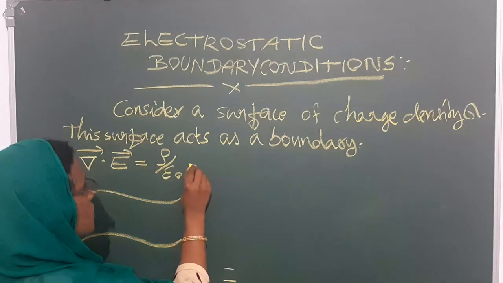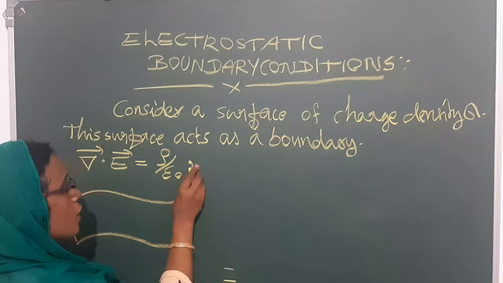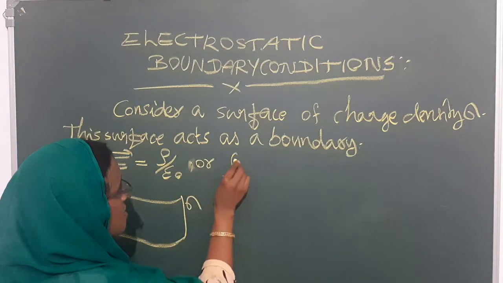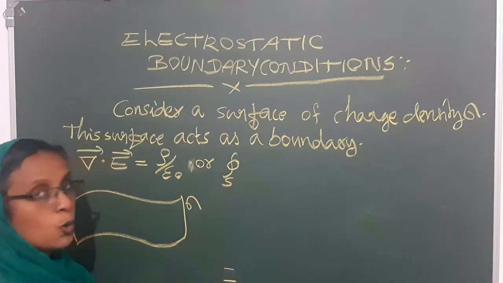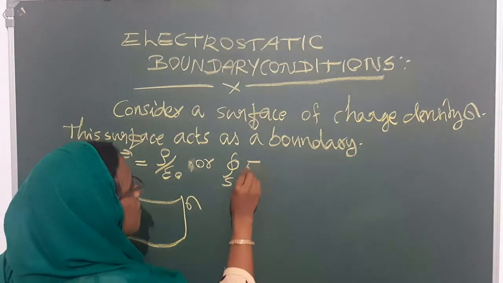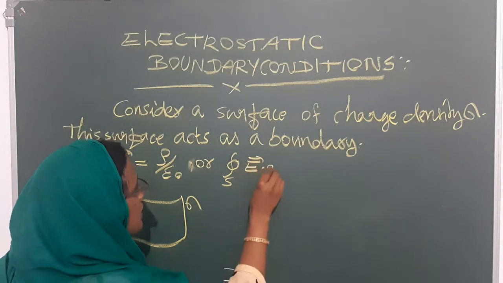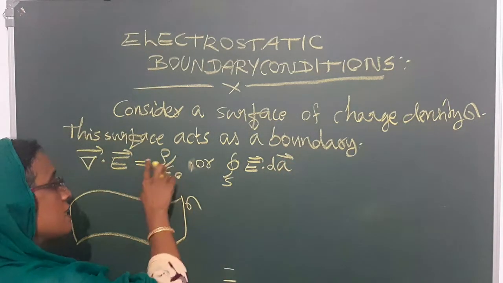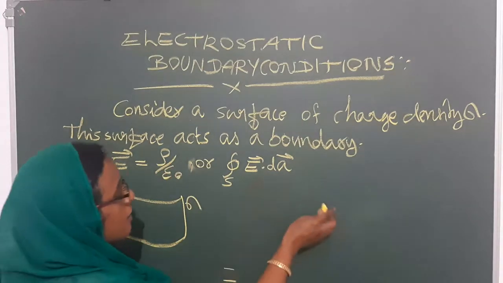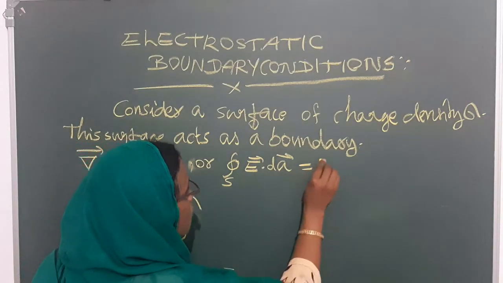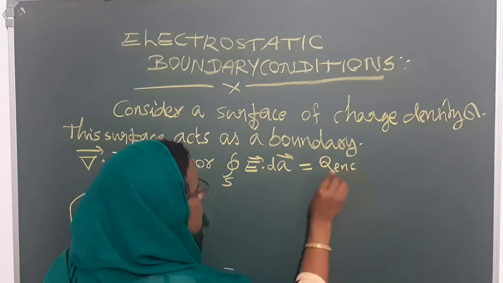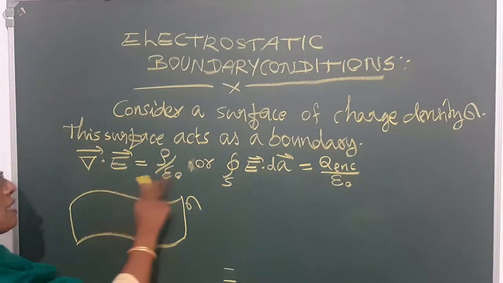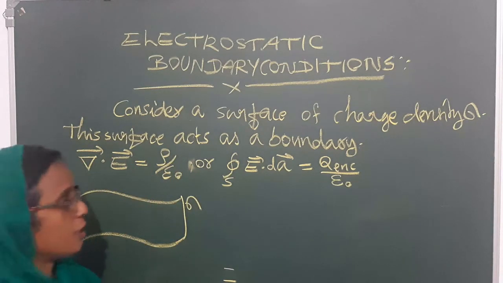This is Gauss's law, or you can write it in integral form, the closed surface integral of E dot dA equals Q enclosed by epsilon 0, where E represents the electric field and rho the charge density. This is equation 1.